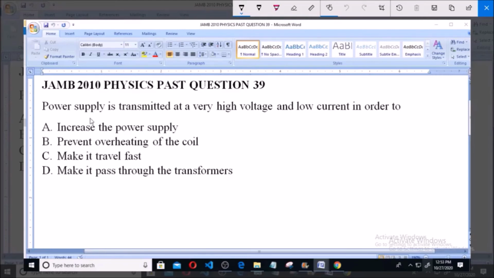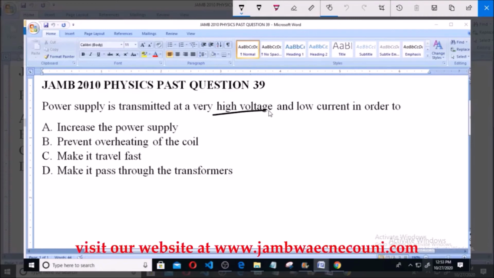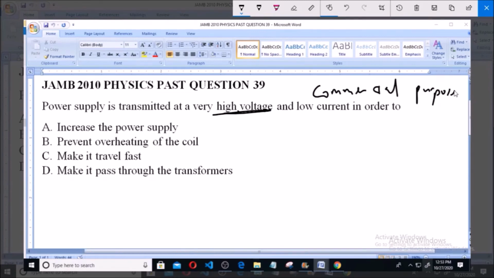Now, power is usually transmitted at very high voltage for commercial purposes. So electrical power is usually supplied at very high voltage but at low current. Now the question is, why is this done?